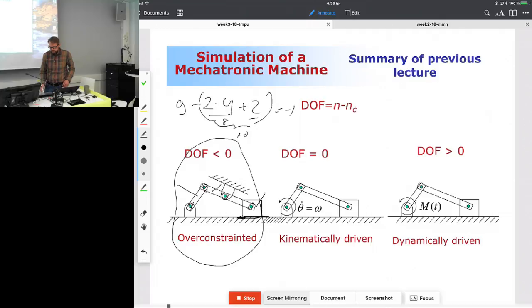This one here is kinematically driven. Originally I have 1 degree of freedom in my system, and then I constrain that final degree of freedom based on a predefined motion. I'm telling the crankshaft that you are no longer free to move as you want, but instead you have to follow a certain pattern.